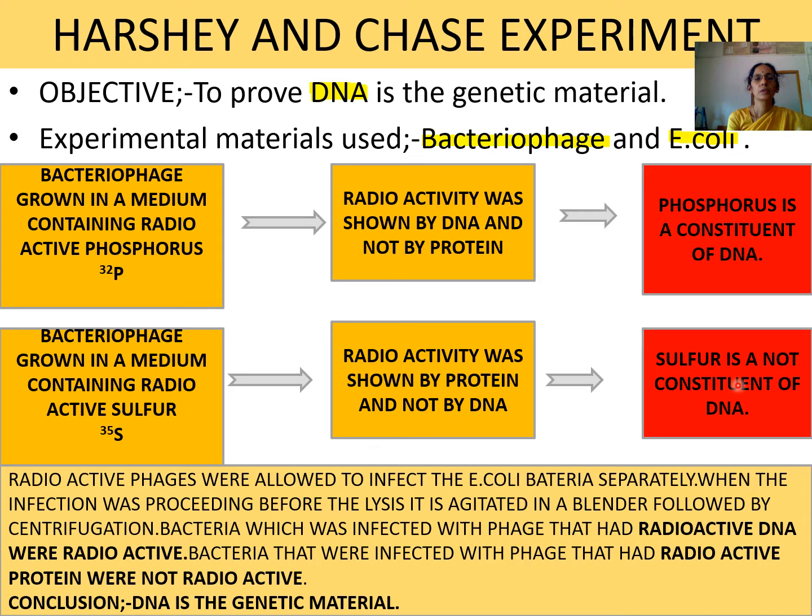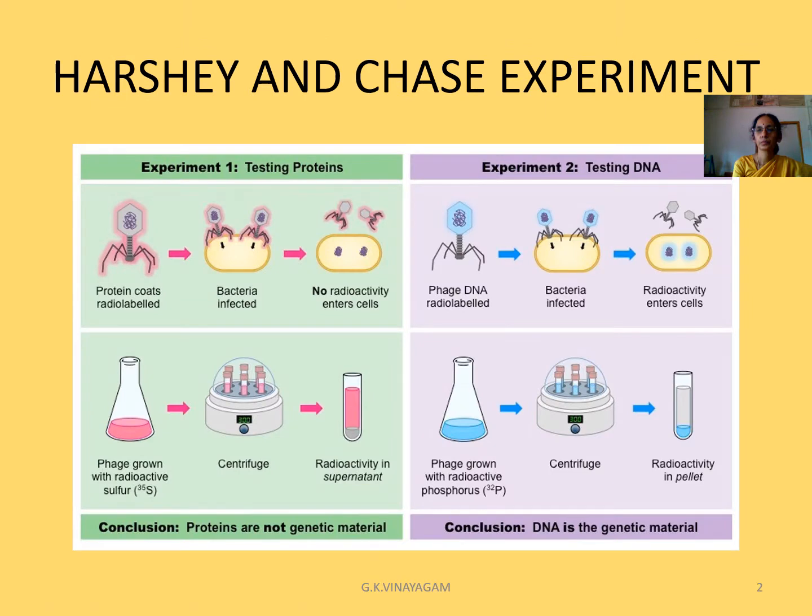So here let us see. This bacteriophage was grown in which medium? It was grown in a medium having radioactive sulfur. So here the protein coat showed the radioactivity. Which part is showing the radioactivity? Protein coat.